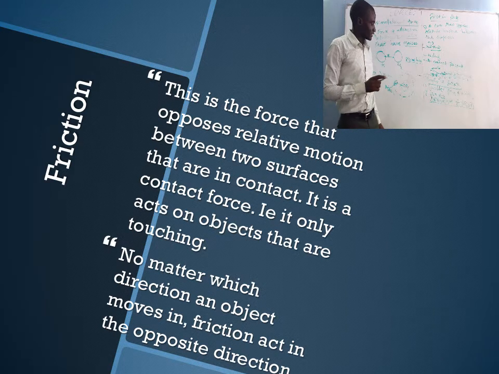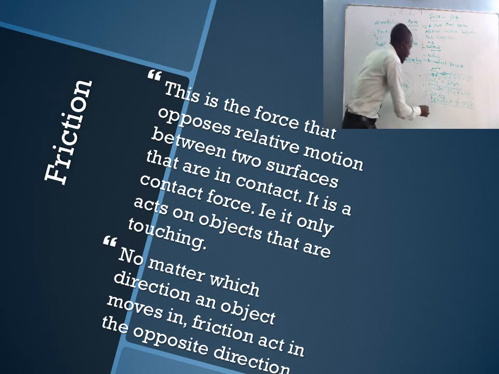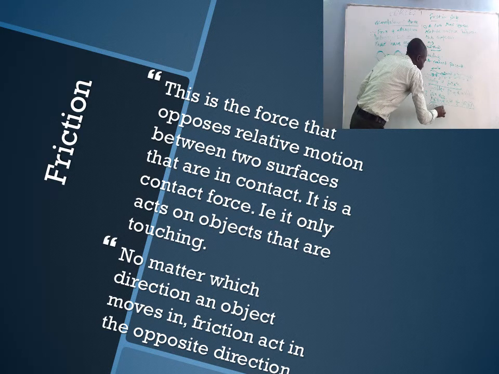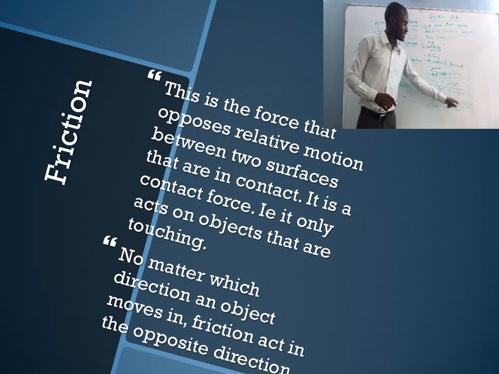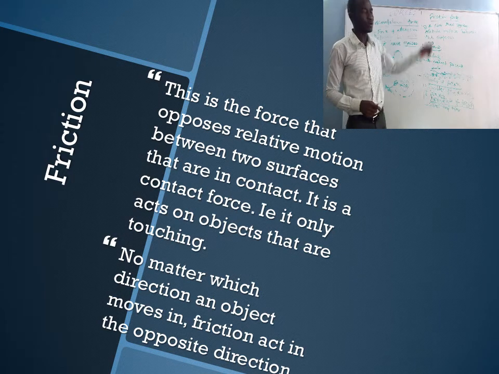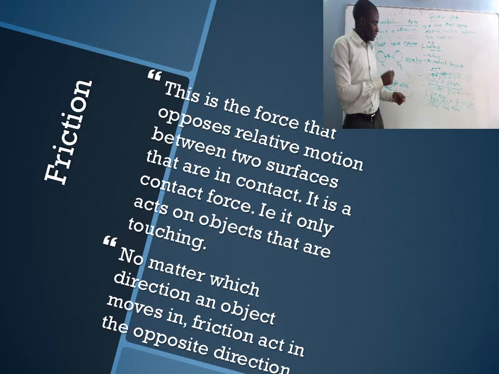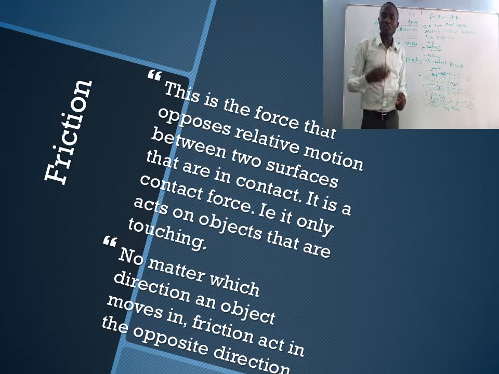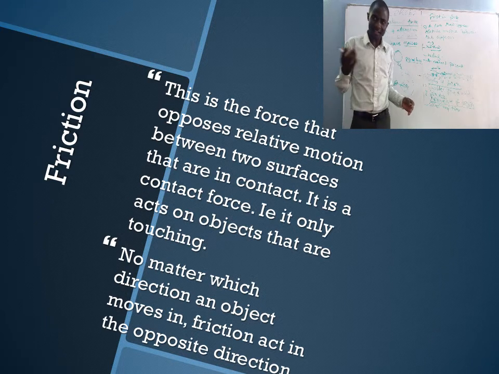The most important disadvantage of friction is that it causes wear and tear of the moving parts that are involved during frictional force. For example, the wheels of a car get worn day by day as the car keeps on moving on the surface.